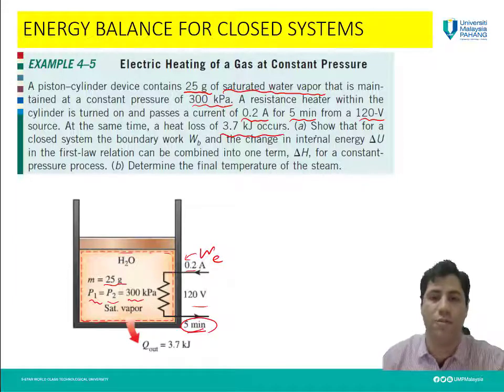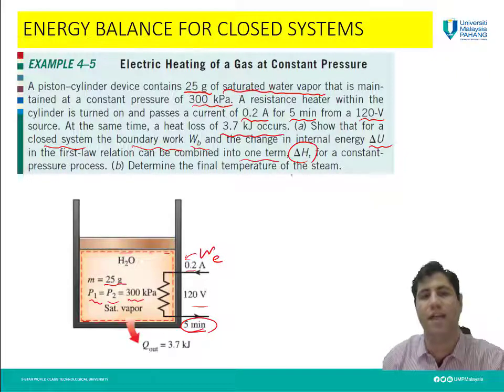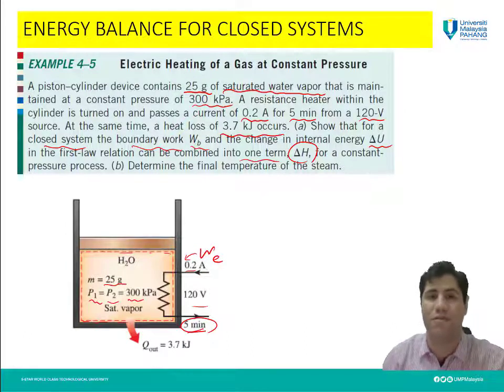Now we are going to calculate or determine. First, we need to show that for a closed system like what we have here, boundary work or Wb and the change in the internal energy, delta U, in the first law relation can be combined into one term as delta H. U is internal energy, delta U is the change in internal energy. If you remember, we have already introduced H as enthalpy, which is a combined property of a system, for a constant pressure process.